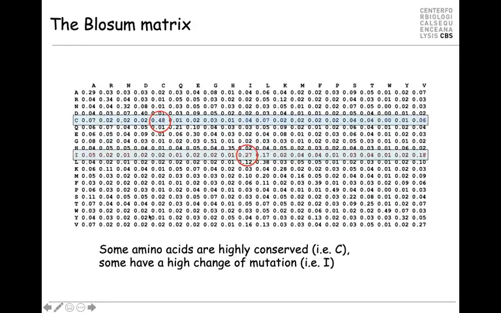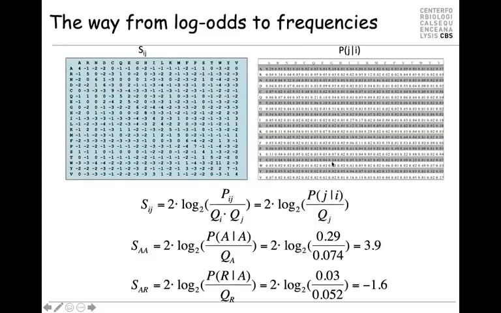If you go back to this matrix here, you might realize that the matrix is asymmetrical. So the value for N and A is 0.04, but the value for A and N is 0.03. So you have to read this matrix in the right way to get this calculation done right. What you have in your data is on this axis, and what you're looking for to replace it with is on the other dimension.